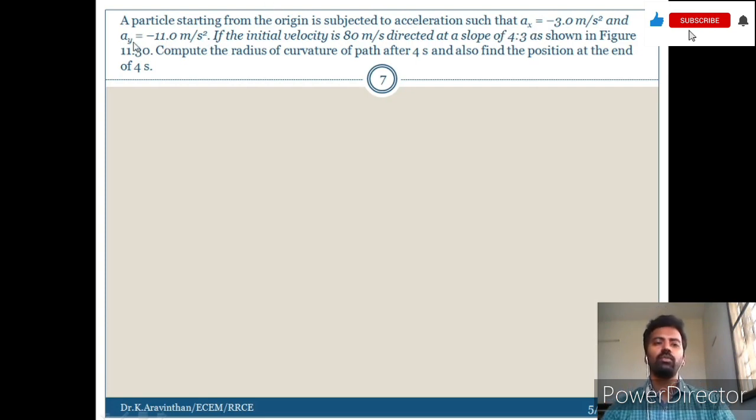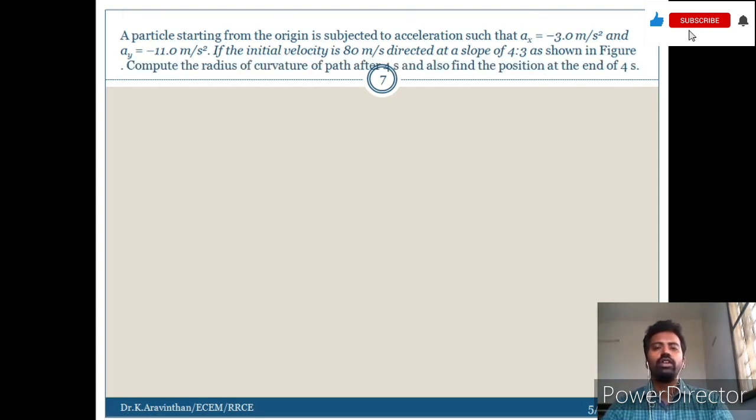You can find the normal and tangential acceleration, and the initial velocity is 80 meter per second, starting from the 0 point, so u equal to 80 meter per second, which has a slope of 4:3, which is shown in the figure. Compute the radius of curvature of the path after 4 seconds.